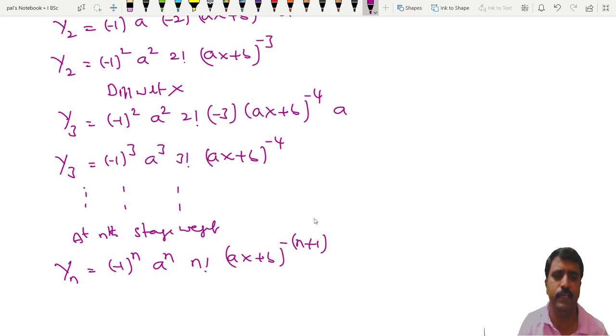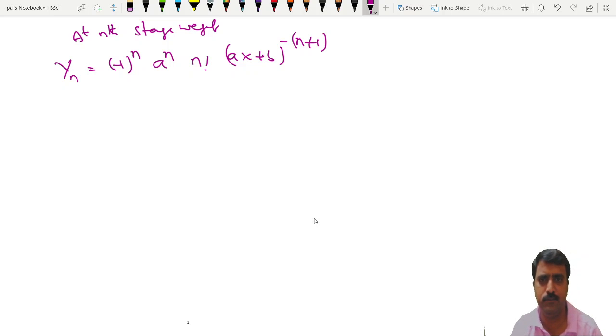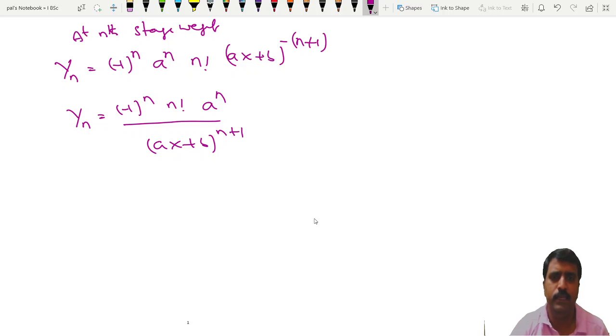So yn is equal to minus 1 to the power n into n factorial into a to the power n by ax plus b to the power n plus 1.